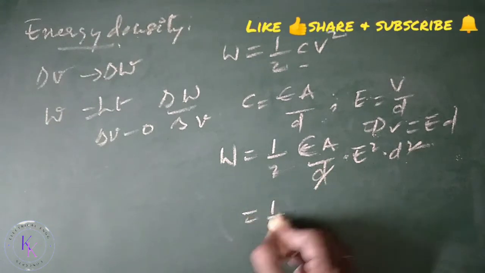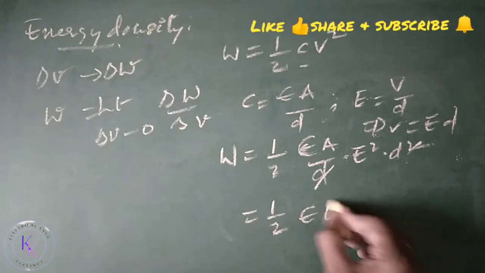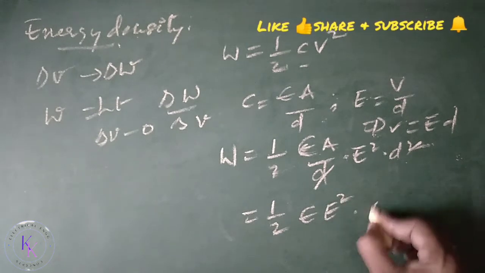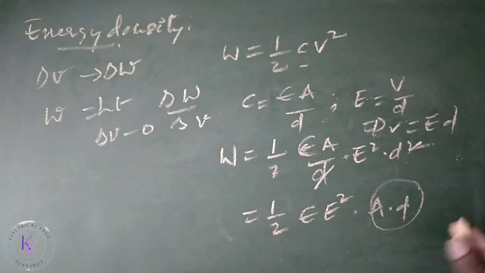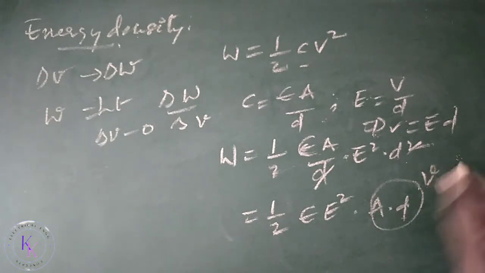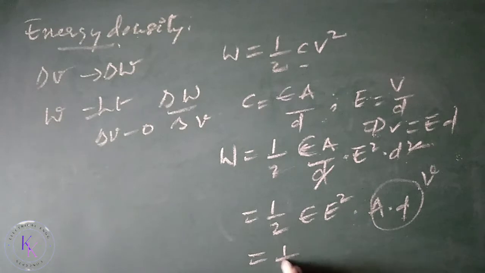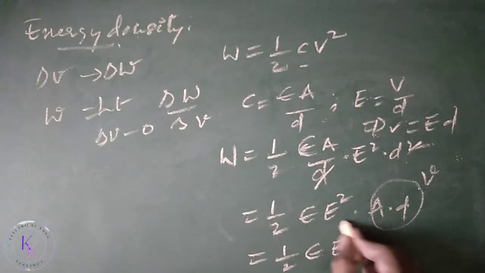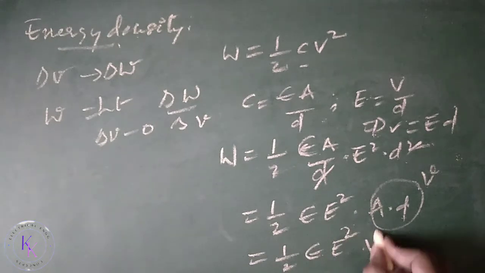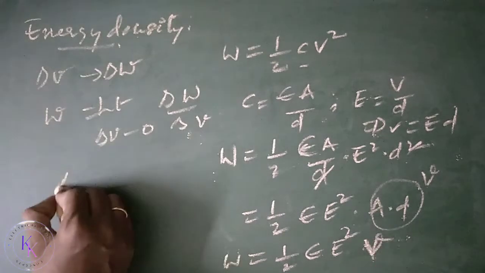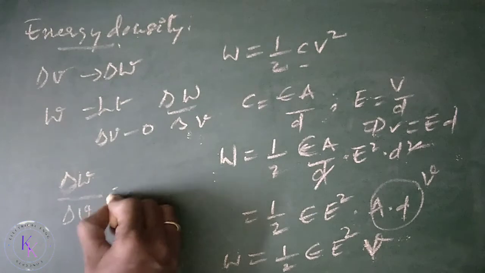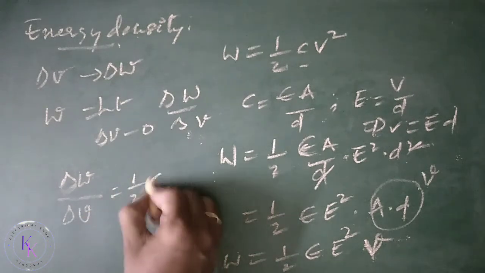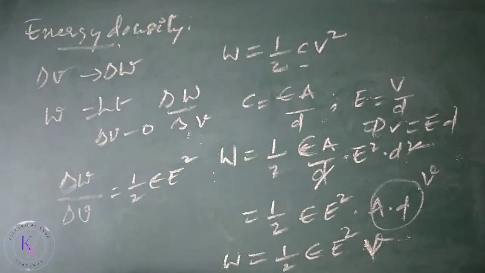This is half epsilon E square into A into D, and area into distance is nothing but a volume. So it is half epsilon E square into volume V, a small amount of energy for a small amount of volume, which equals half epsilon E square.